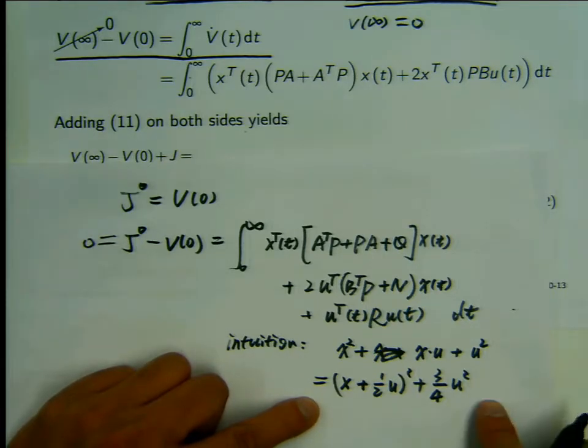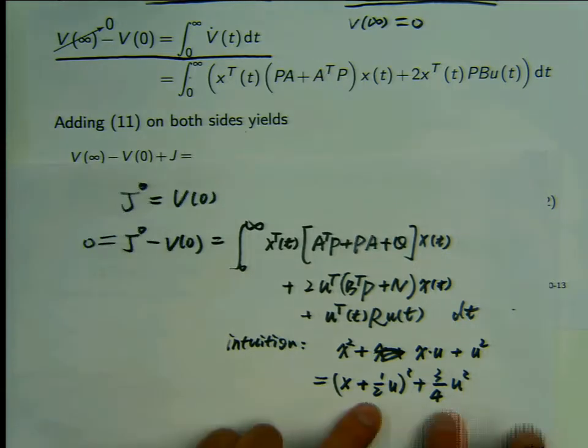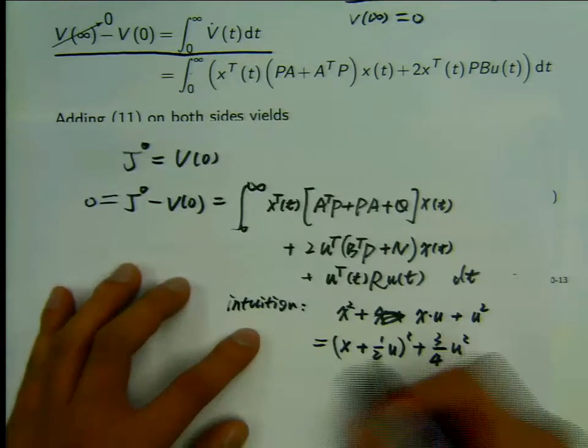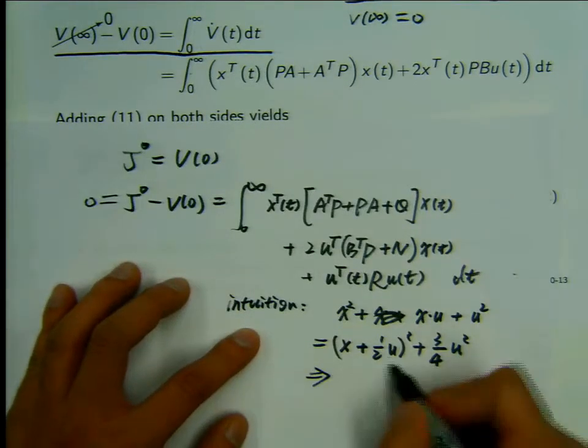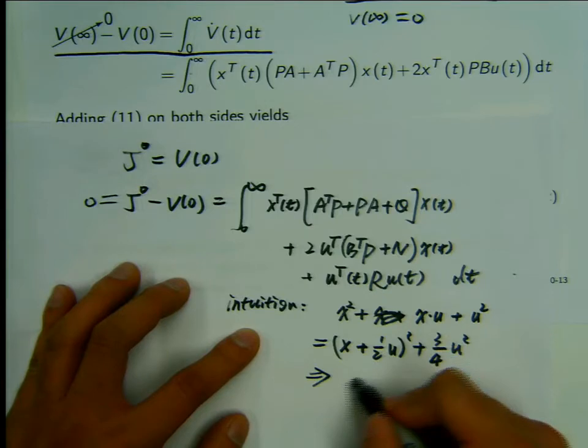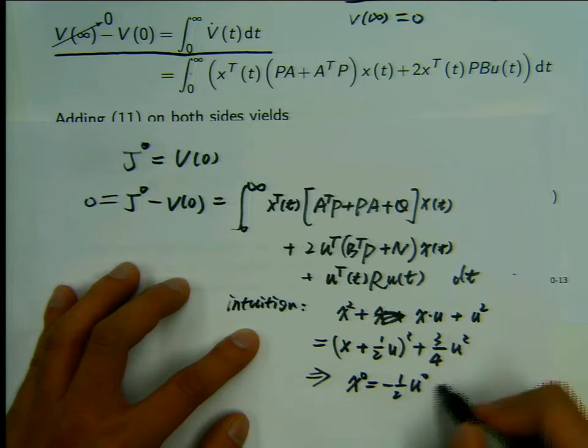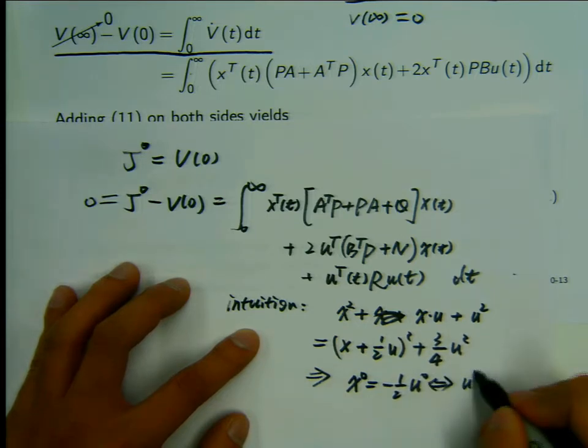So this guy equals this guy. We're actually minimizing the summation of two squared terms. If you recognize this fact, you immediately see the relationship between the optimal u and x: x optimal has to be equal to -1/2 u optimal. This is equivalent to saying u optimal has to be -2 x optimal.